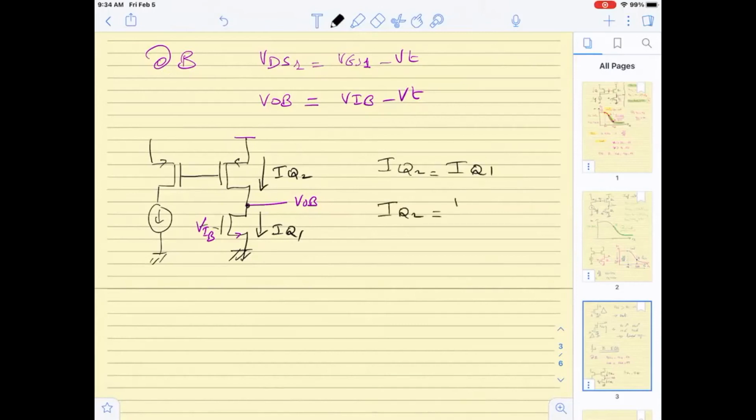I know that IQ2 by mirroring, I can derive it as half K prime W by L VOV2 square. If all the sizes are equal, it will be equal to I reference, okay?